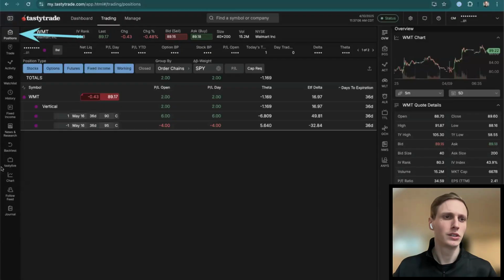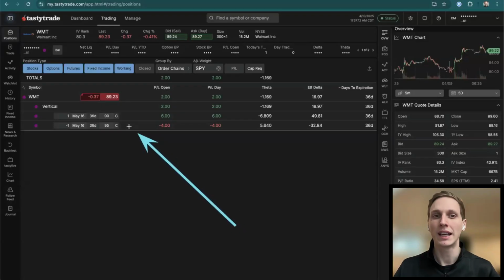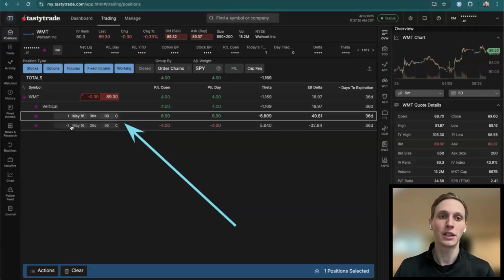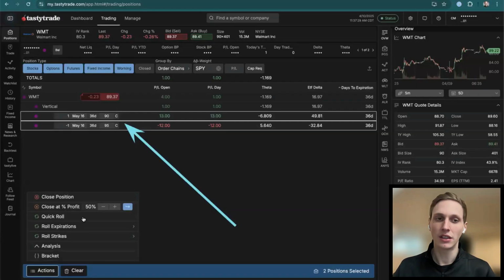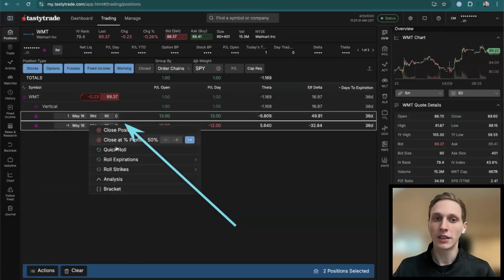But just again, talking about getting into our analysis mode on your open positions, if we ever want to go back and analyze our open position, check out the theoreticals or see how an adjustment might change our trade, we can left click on our legs here, or you can just click on the strategy icon or the name at the top, and then go to actions down here, or you can right click as well.